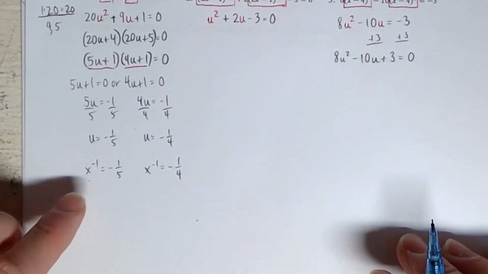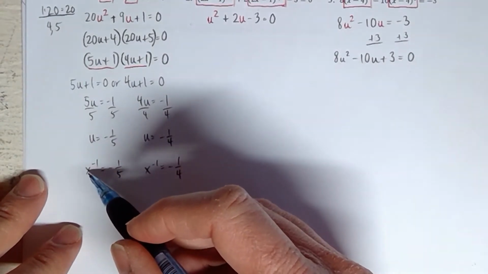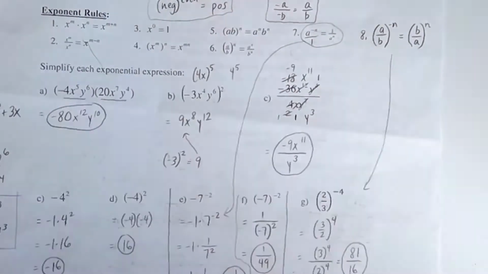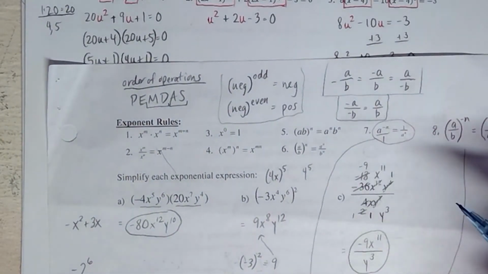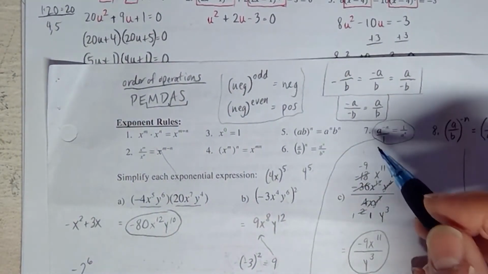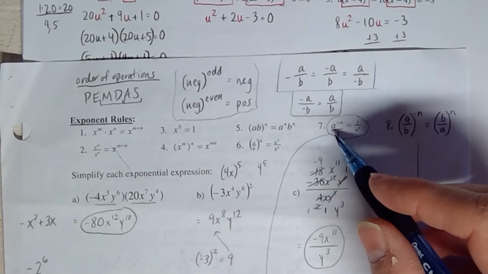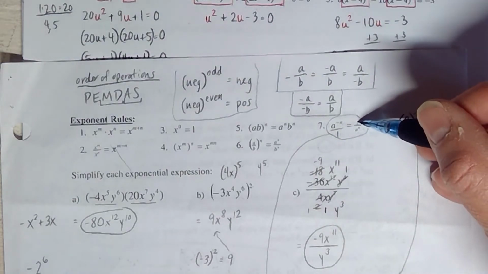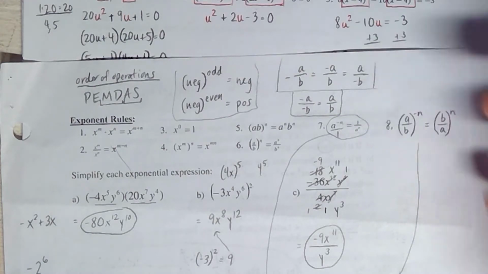Now you might be wondering, how do I solve for x when it's got a negative exponent? Remember, again, a little bit of review here. When you have something taken to a negative power, this is back in that exponent rules section of the prerequisite review packet, what you do is you take a 1 and then put that same thing underneath the 1, but you change the negative to a positive.